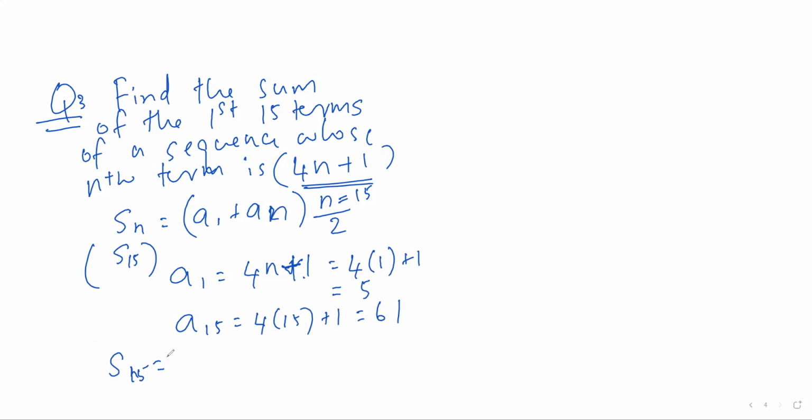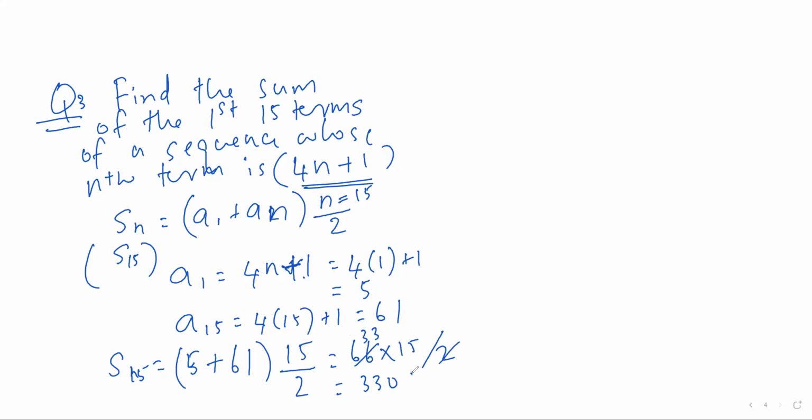Therefore S15 is equal to a1, which is 5, plus an, which is 61, times 15 over 2. That's actually 66 times 15 over 2, that is 33 times 15, which is 330 plus 165.